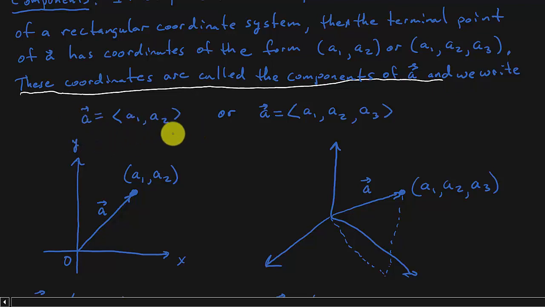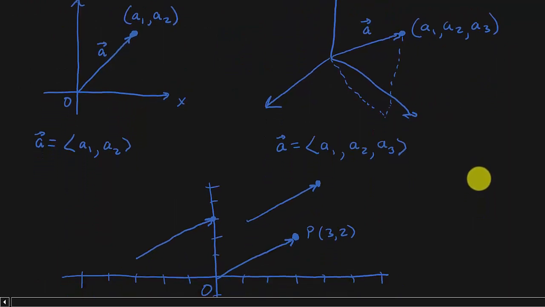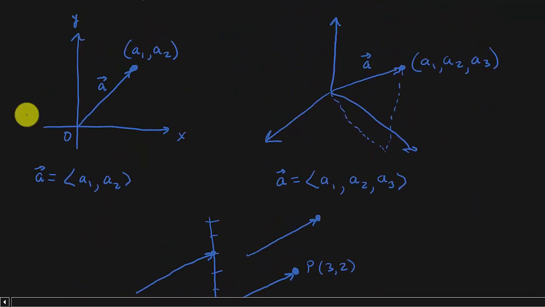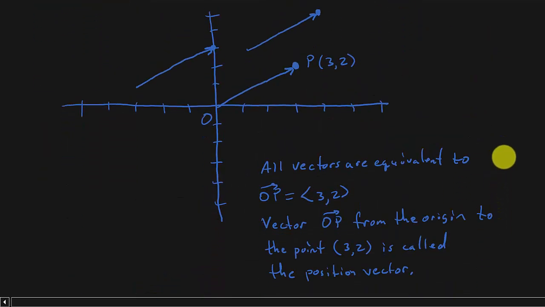We can write it in component form. And then we can have vector A is ⟨A1, A2, A3⟩. And notice the angle brackets on that. And there's the picture of it. So hopefully that helps.